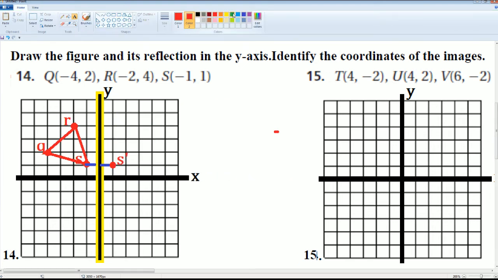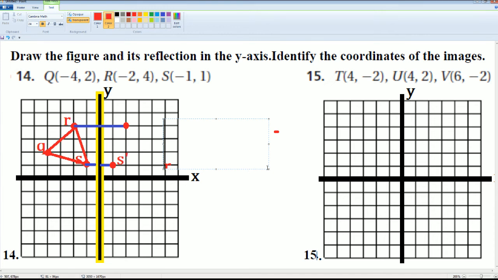Okay, now let's repeat that. From R to the line of reflection is 2, so it's going to go 1, 2. Put the dot here. The original was R, so this one's going to be called R prime.